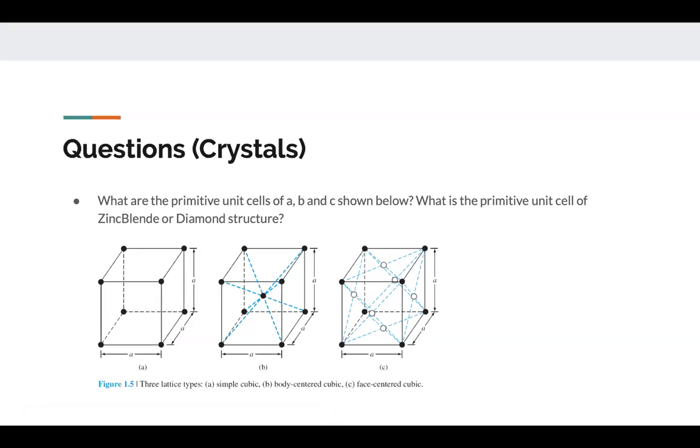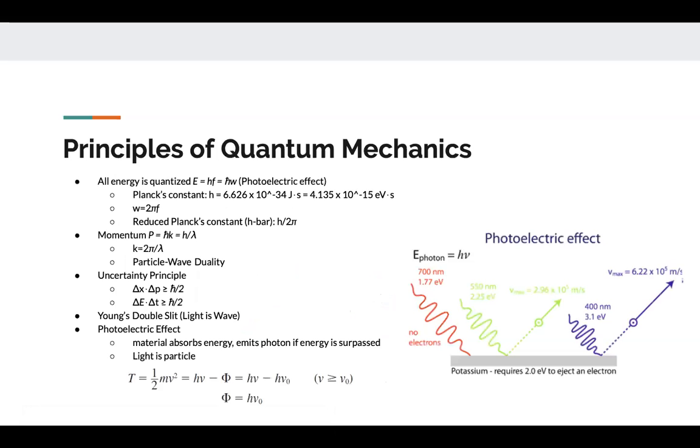The reason is that they're all cubic shaped unit cells, so you can make similar patterns. It's 8 dots.